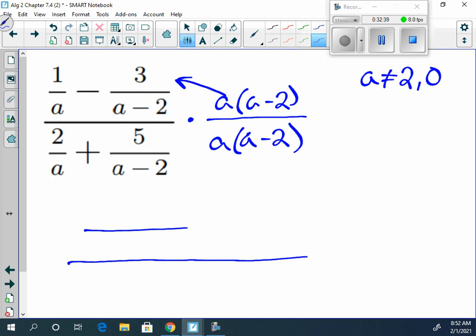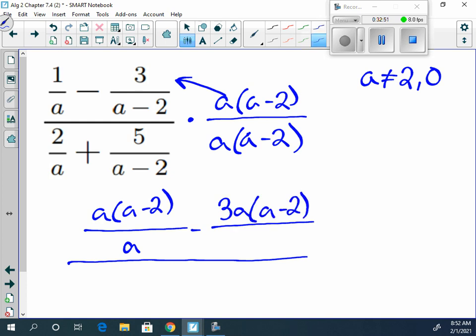So a times a minus 2, because we're just multiplying it by 1 over a, minus, well, here it's going to be 3a times a minus 2 over a minus 2, because again, this is multiplying by the numerators of this complex fraction.